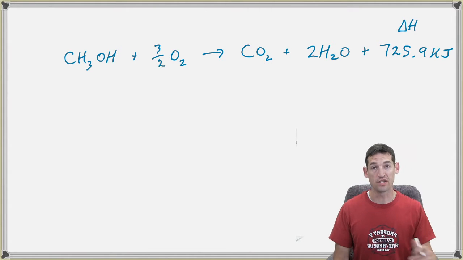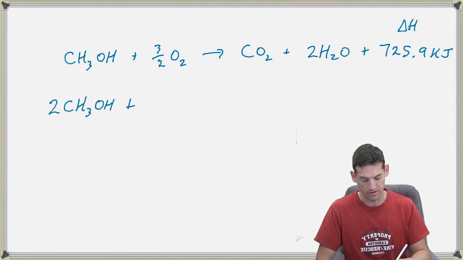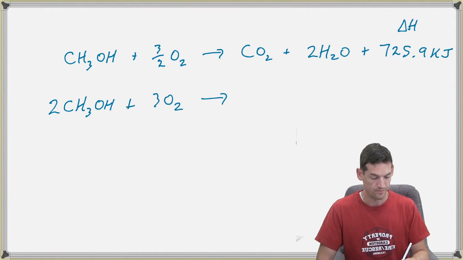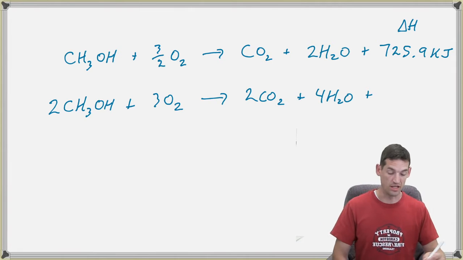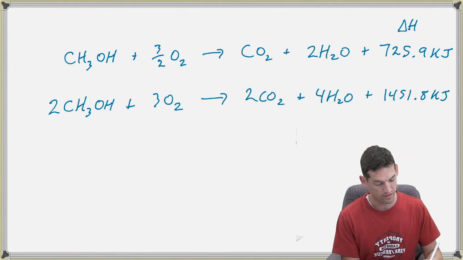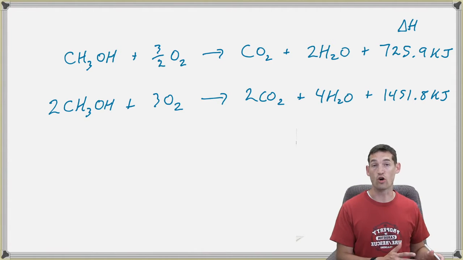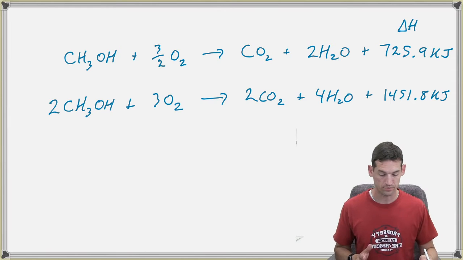So if I balance this differently, if I had balanced this way, which most of you are probably more comfortable with, or at least more familiar with, it wouldn't be the same number. It would have to be plus the 1451.8 kilojoules, because the delta H always has to match how you've balanced your equation.